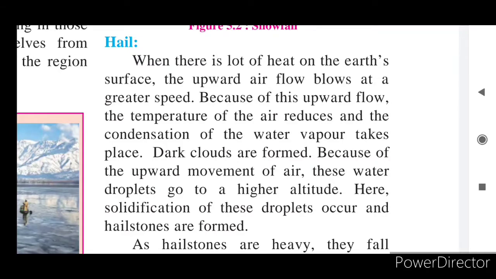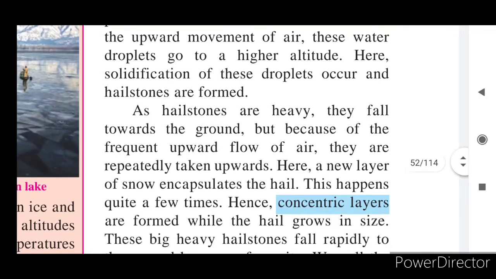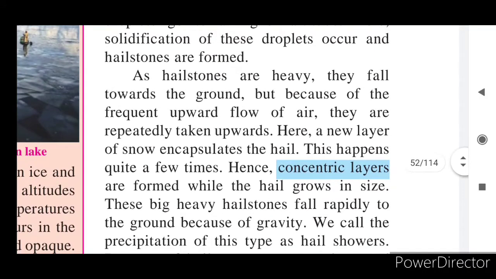hailstones are formed. As the hailstones are heavy, they fall toward the ground, but because of the frequent upward flow of air, they are repeatedly taken upward. There, a new layer of snow encapsulates the hail.